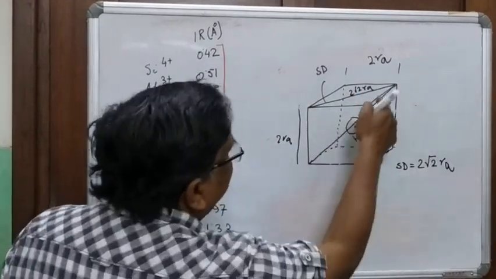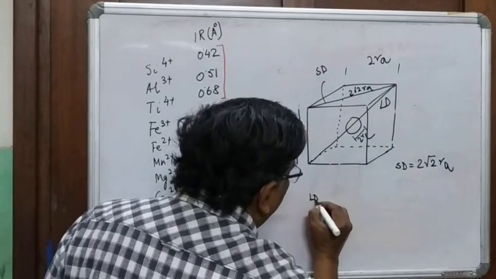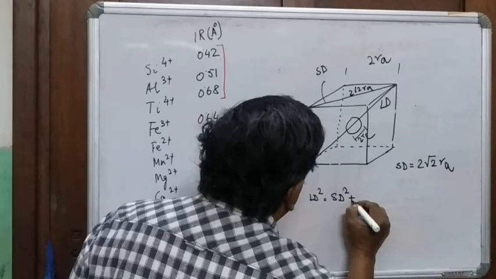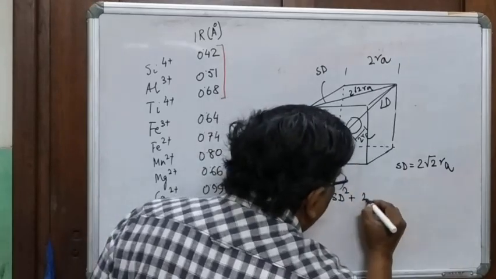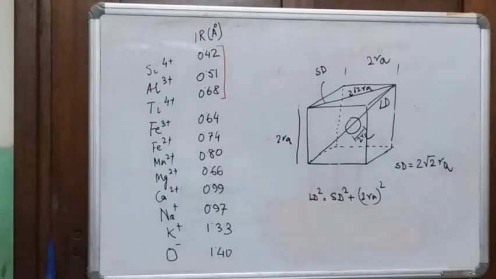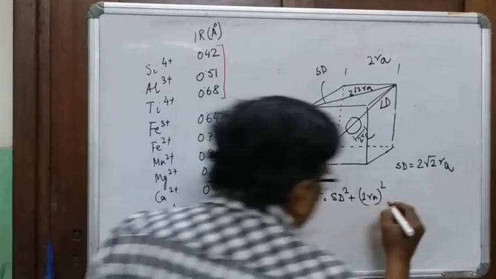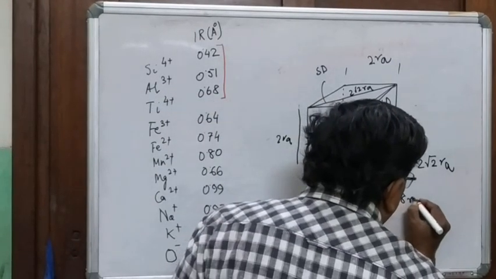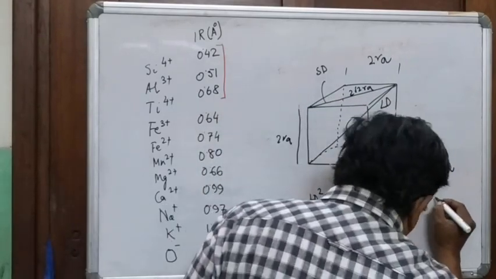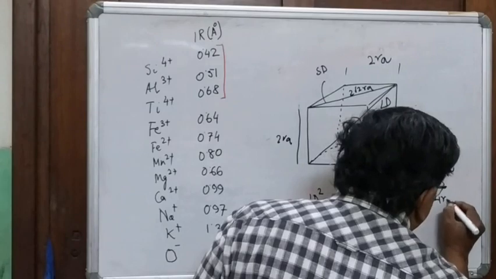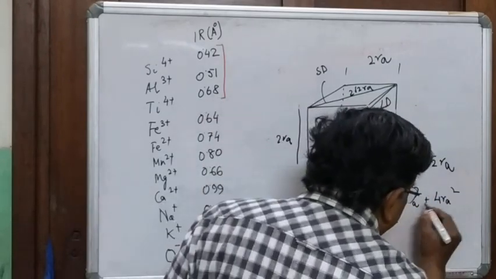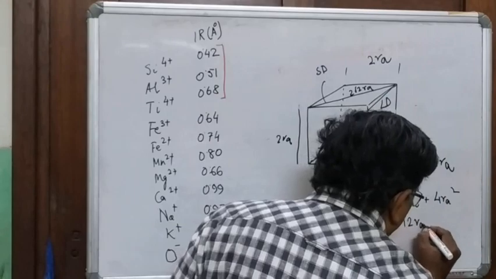So now we can find out long diagonal squared is equal to short diagonal squared plus 2Ra whole squared. Yes or no? So short diagonal squared would be 8Ra squared, and 2Ra squared should be 4Ra squared, and therefore it should be 12Ra squared.